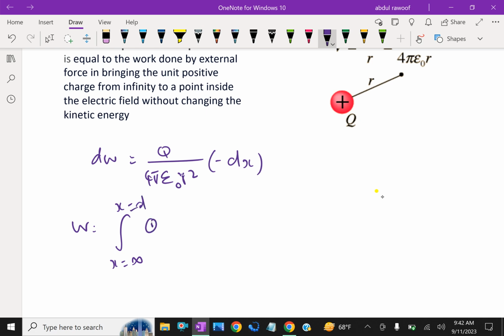that is Q into dx, that minus you are taking out, over 4 pi epsilon 0 x square.